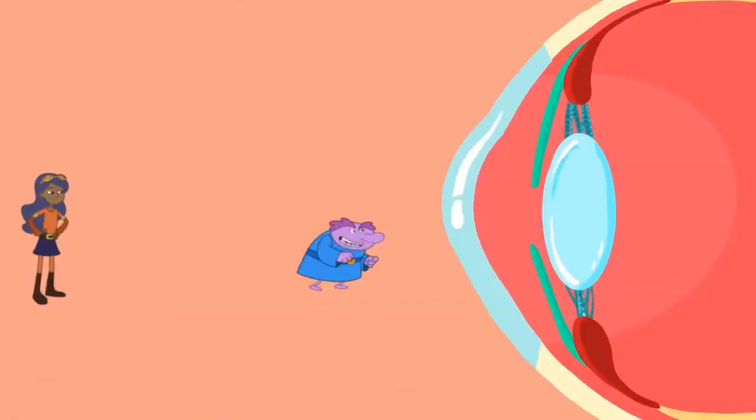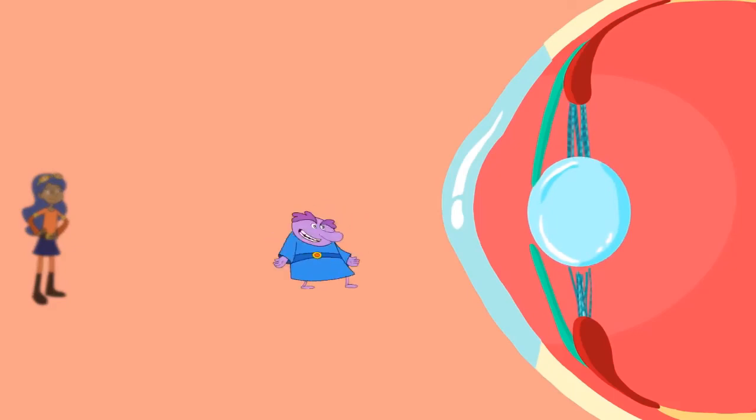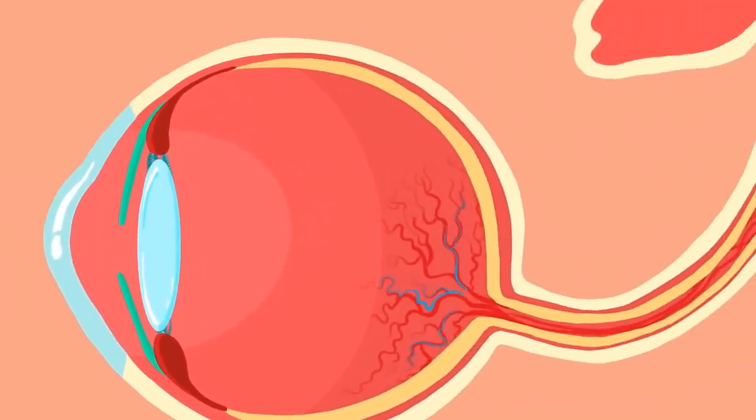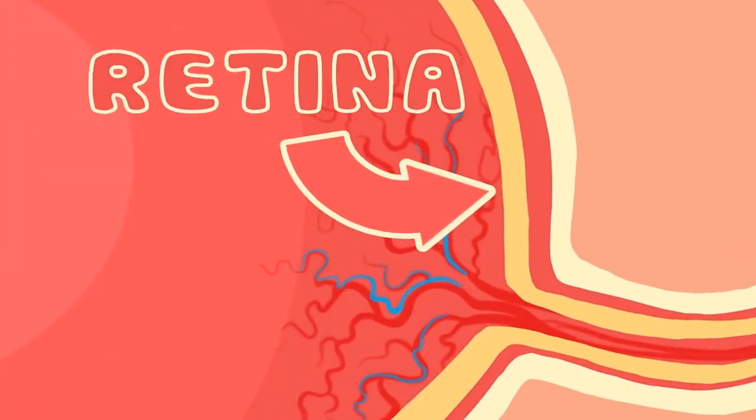To see something near, the ciliary muscle makes the lens thicker. To see something far, the ciliary muscle makes the lens thinner. From the lens, we travel to the retina, the back wall of the eyeball. Right, because the lens focuses the light onto the retina. The retina has millions of light-sensitive cells called rods and cones.